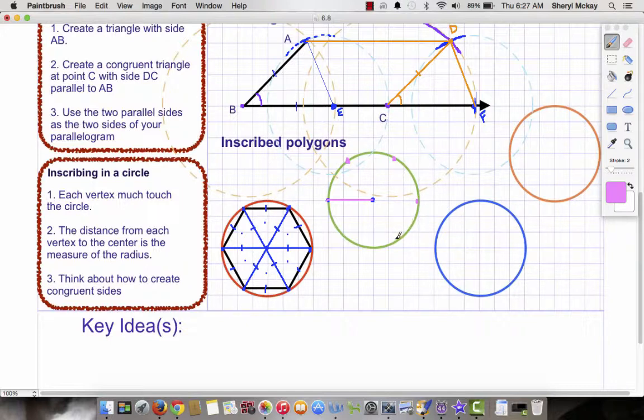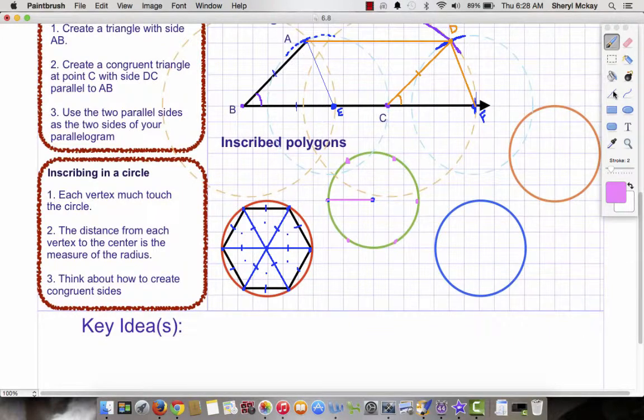And then it will happen again, right about here, and then again, right about here. And then your last one should come right back to where you started, so that you should have 6 points. 1, 2, 3, 4, 5, 6.